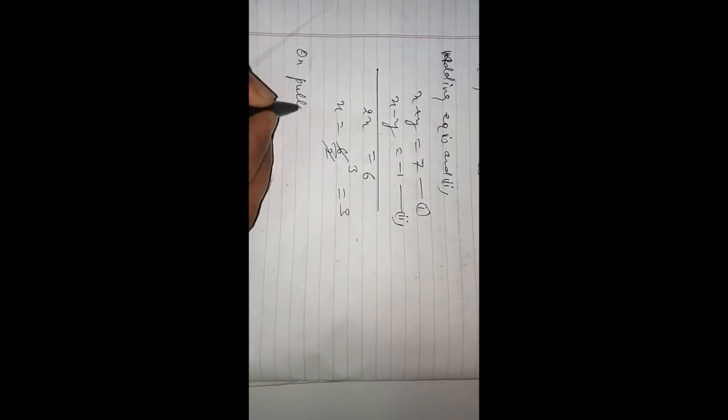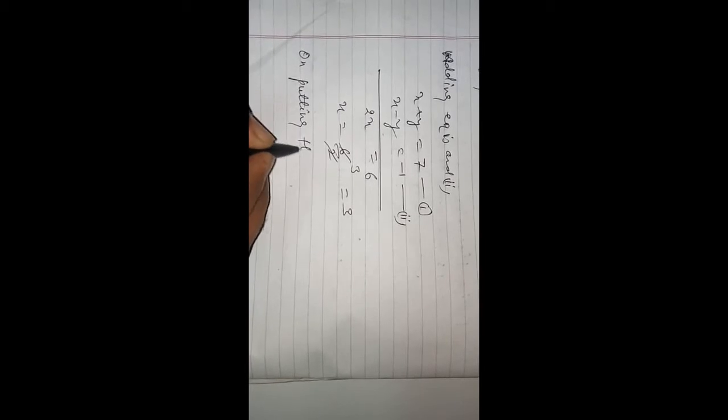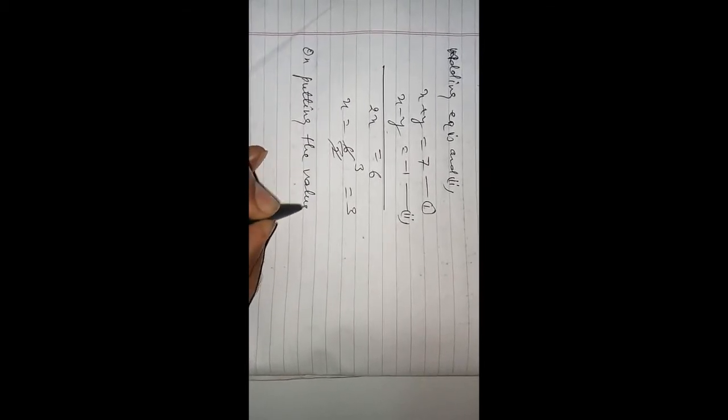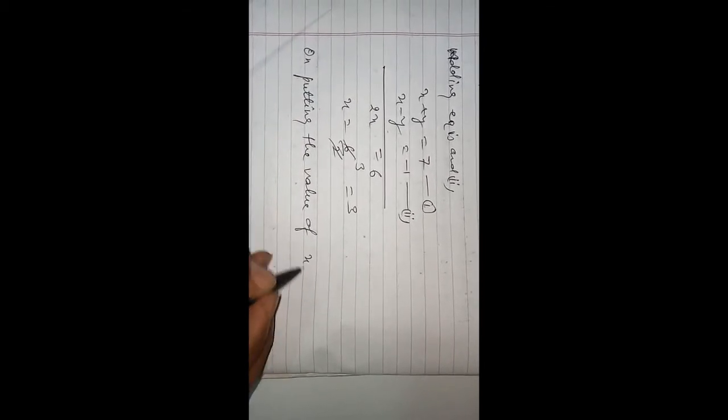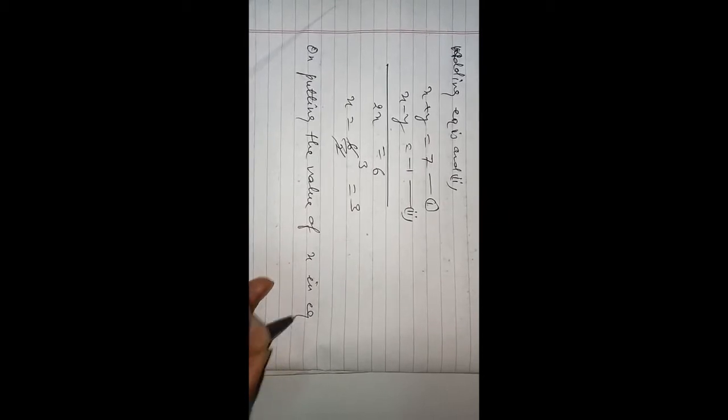On putting the value of x in equation first, you are free to choose the equation. You can put the value of x in either equation first or equation second.